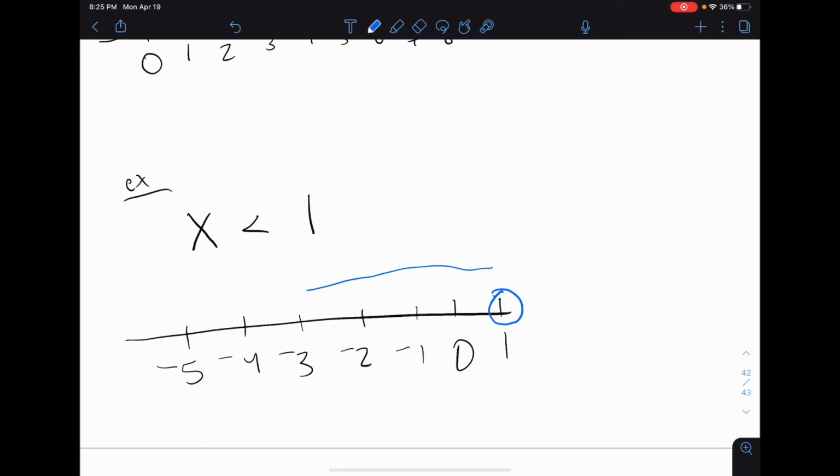Less than is to the left. Less than means small. I'm getting smaller. Voy a la izquierda porque significa que me estoy haciendo más pequeño. So then this is my answer. The arrow means that it is going forever. La flecha significa que voy para siempre. Que sigue, no va a parar. So this is my number line for this one. This is mi línea numérica.